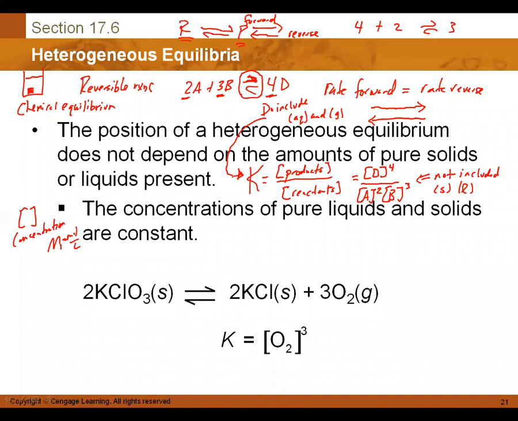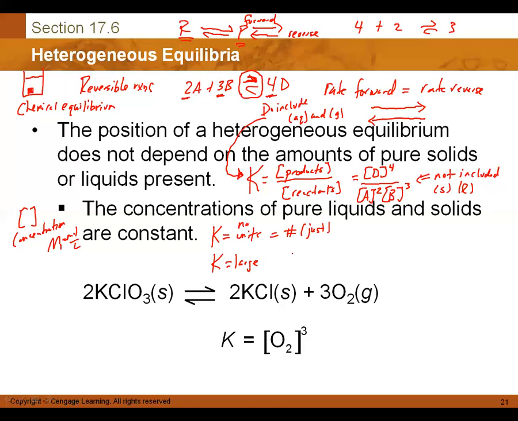As for K, a couple of things that we did talk about. K has no units typically. It's just a number. But that number does tell us something. So if K is a large value, what that means is we would have mainly products, a higher number of products than reactants.